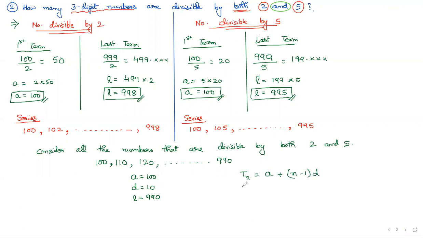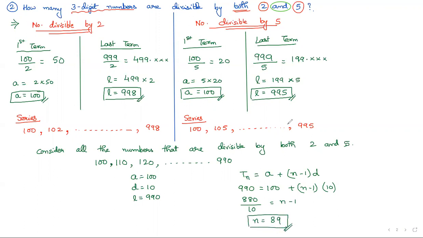Where Tn is 990, a value is 100, n value is something that I need to calculate, d value is 10. So this becomes 880 divided by 10 is equal to n minus 1. So this turns out to be n is equal to 89. So 89 terms are there.